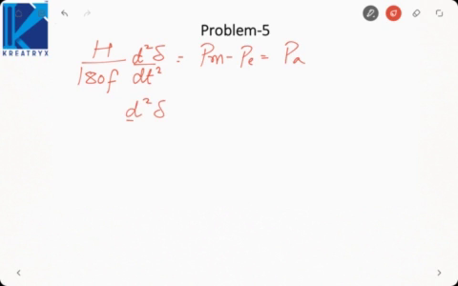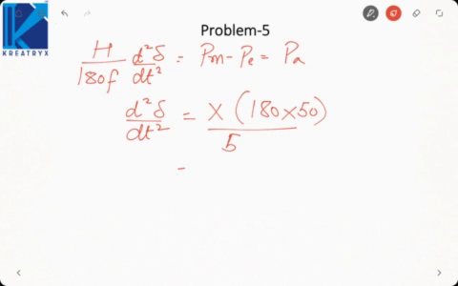So d square delta by dt square, Pa is given as x, into 180 into 50 by 5. So it will come out to be 1800x electrical degree per second square. So that will be your initial rotor acceleration.